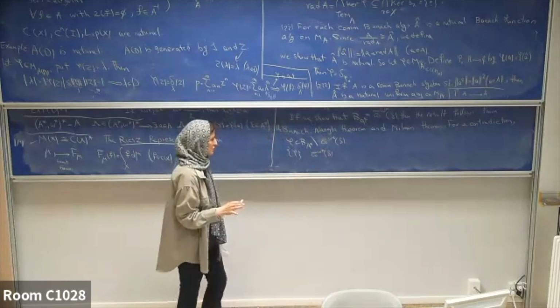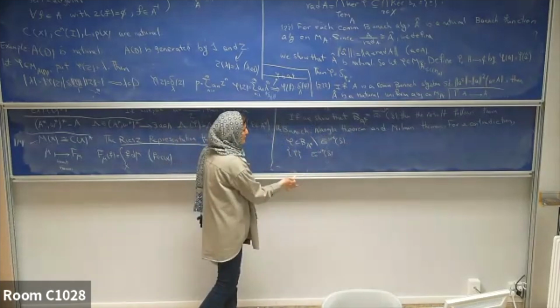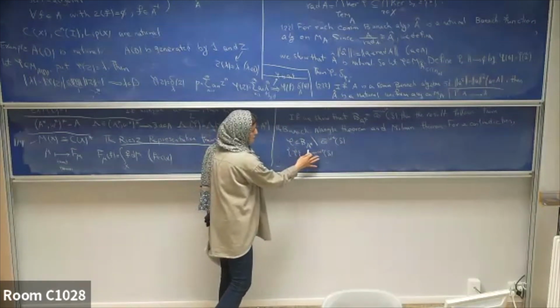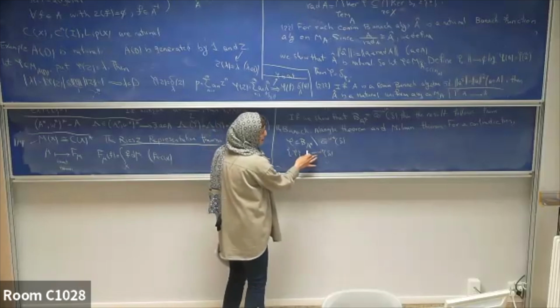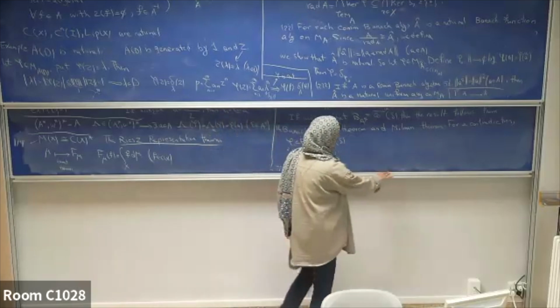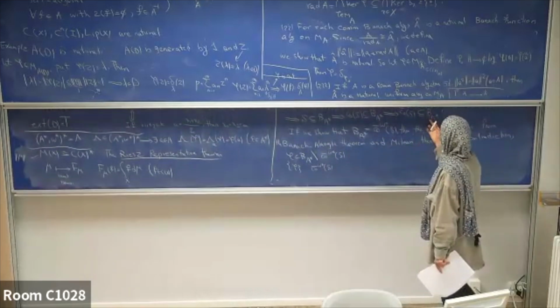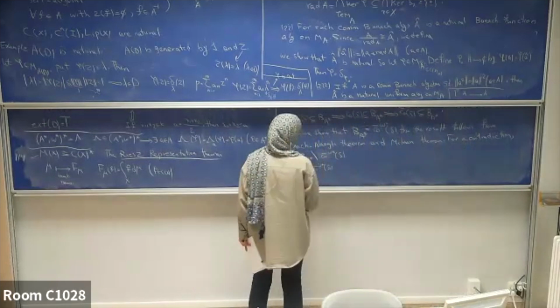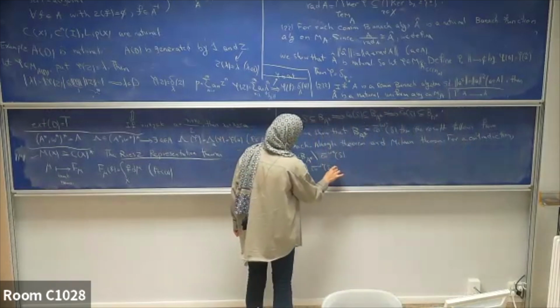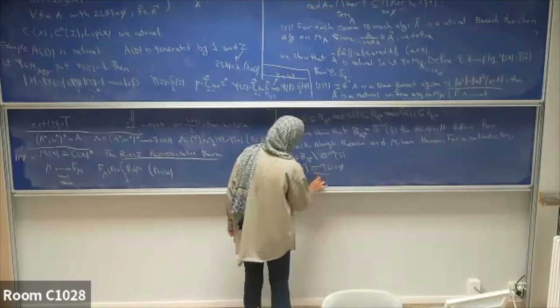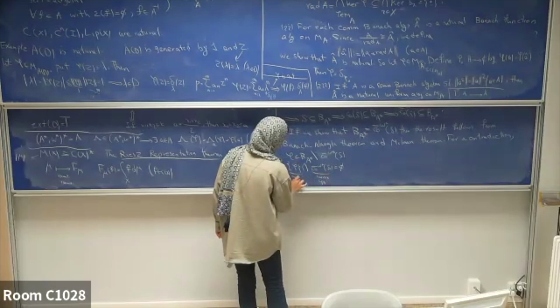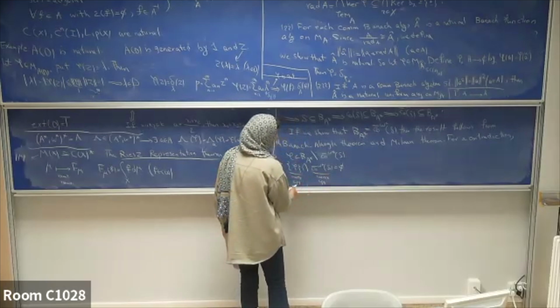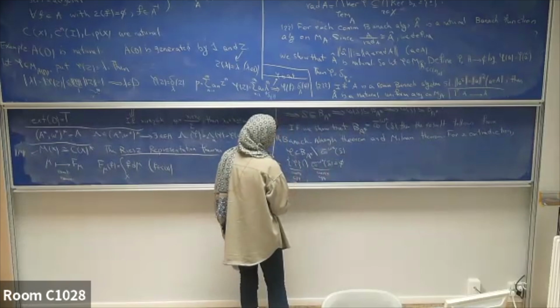Both are convex, because it's the closure of a convex set, and this is convex. Both are compact, because this is a subset of B of A star, and this is closed, so it's compact. They are disjoint, I mean the intersection is empty, and both are convex, compact, and non-empty. And I want to use a separation theorem in functional analysis.